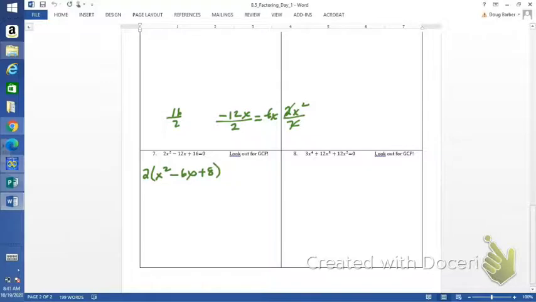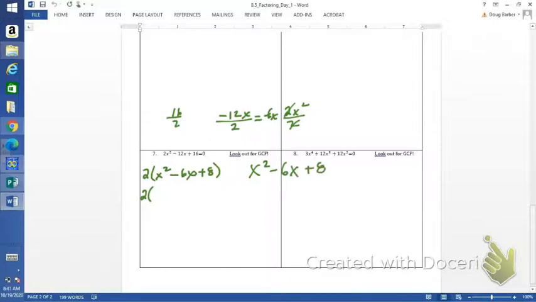Alright, and now we have our a term, it's 1, so we're able to solve this. So we have 2, and then we're looking here at this x squared minus 6x plus 8.